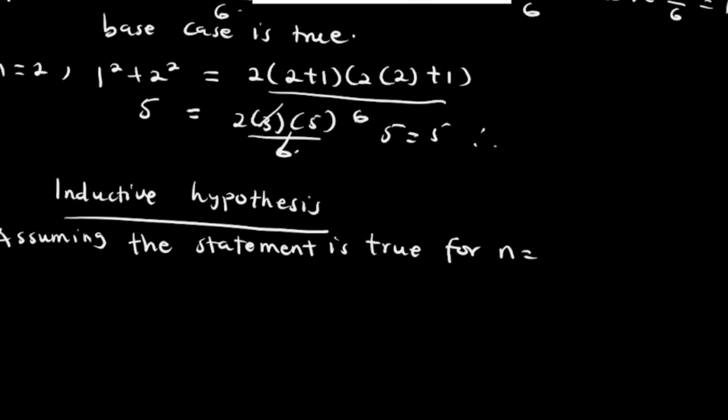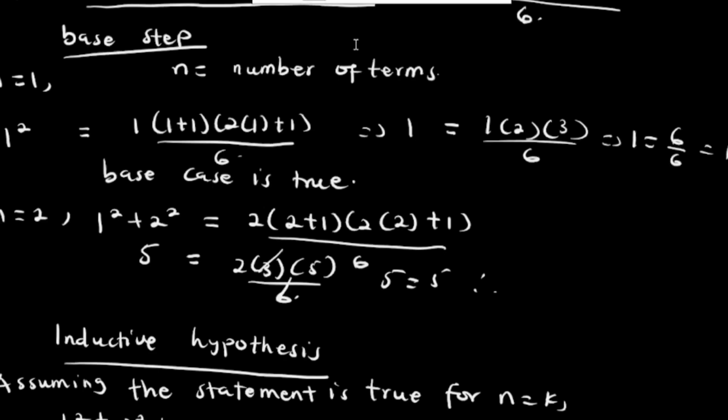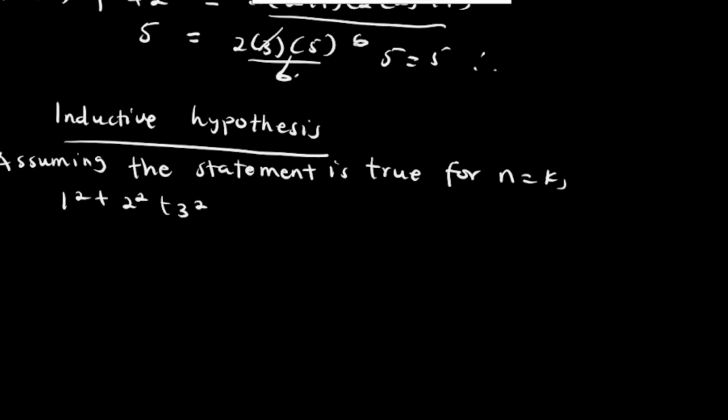for n is equal to k, I'm going to have 1 squared plus 2 squared plus 3 squared, that is the problem, plus k squared, remember, should be equal to k multiplying k plus 1 multiplying 2k plus 1 all on 6.